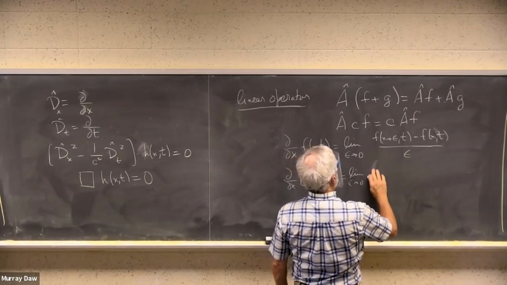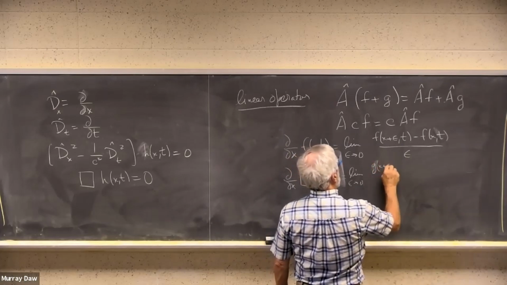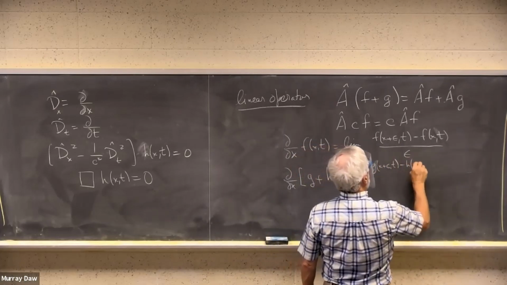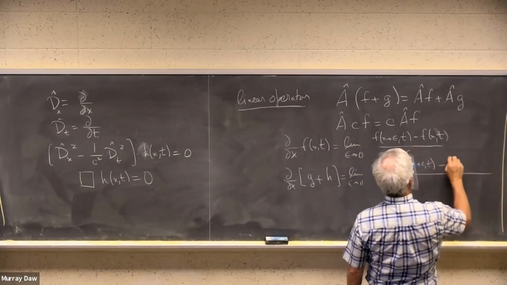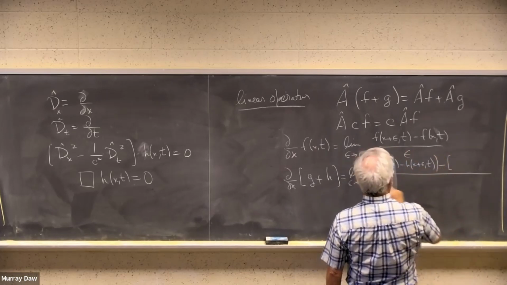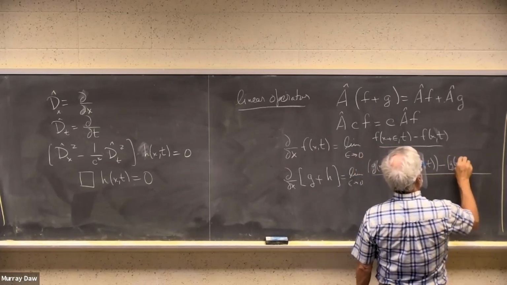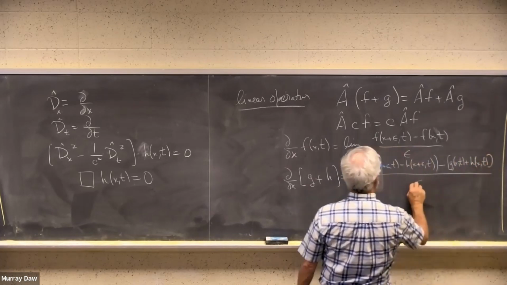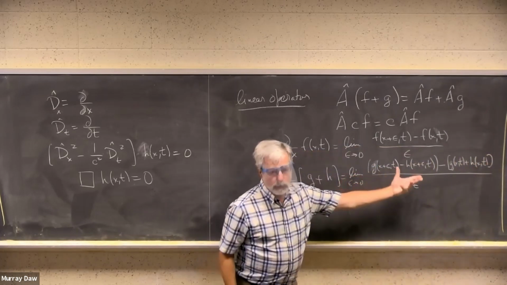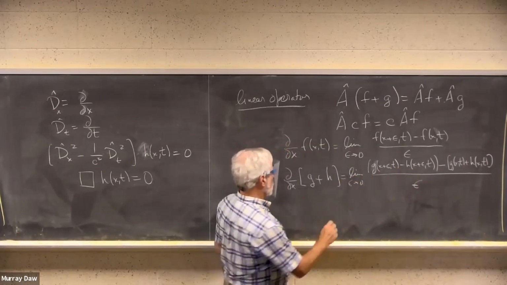So I get g of x plus epsilon t minus h, and then I subtract off the sum at x. Okay, and then I just regroup the terms. I just divide them separately here.